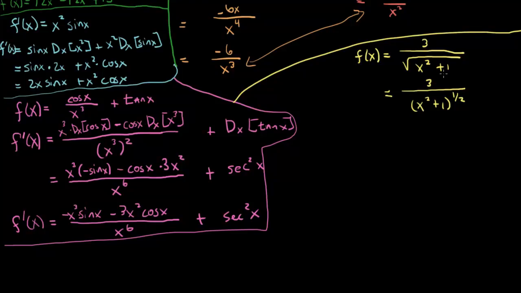Now we have a couple options at this point. Notice we have a quotient. We can either think of this as a quotient rule type problem, where we have a top function and a bottom function, or we can think about this as equal to 3 times x squared plus 1 to the negative 1/2 power.